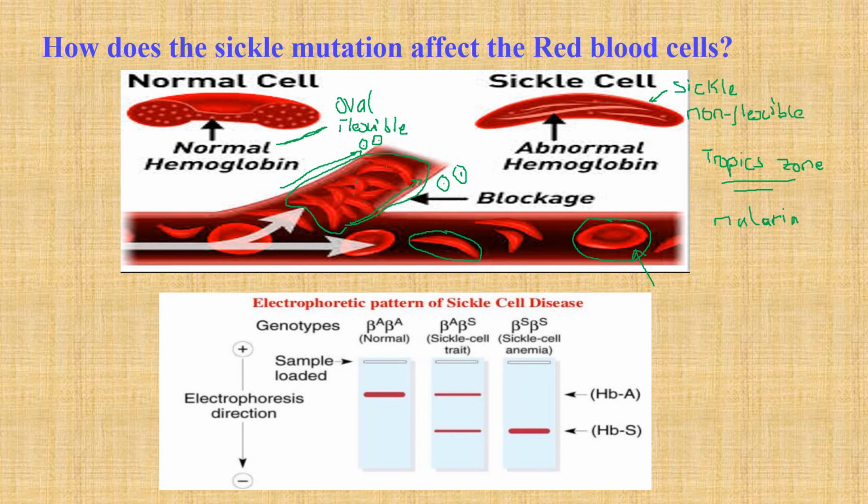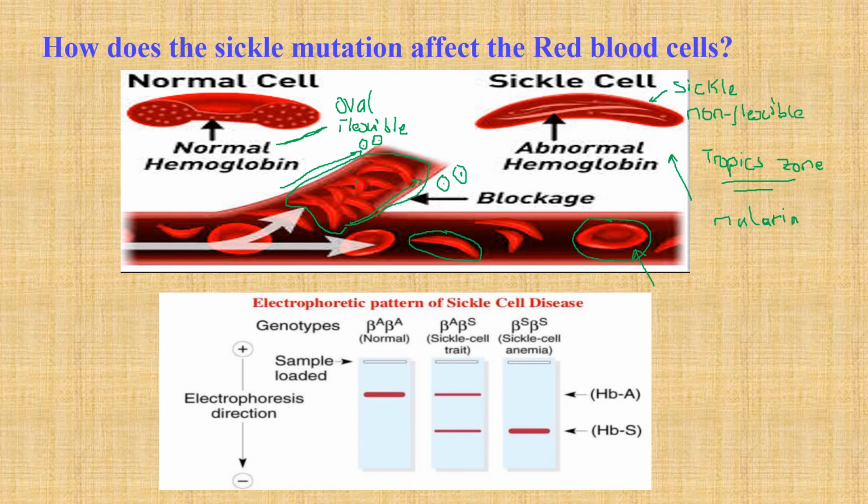Okay, so that is their explanation: this mutation should have developed in the tropics as a means to fight against malaria. That is why the malaria parasite usually finds it difficult to attack patients with sickle cell.